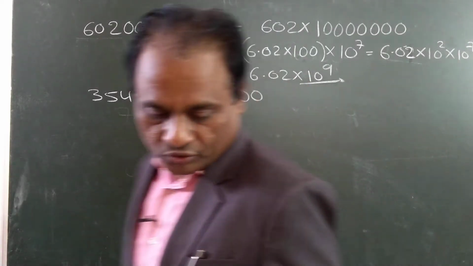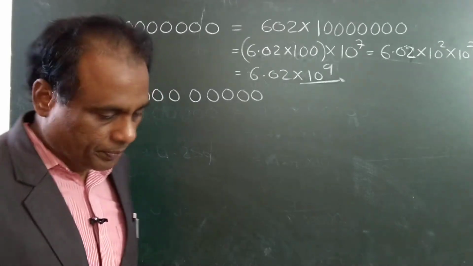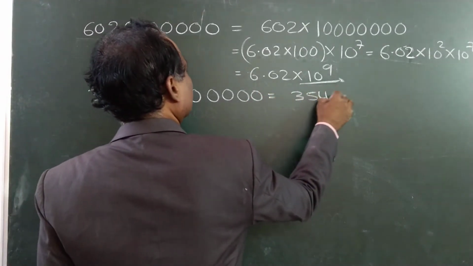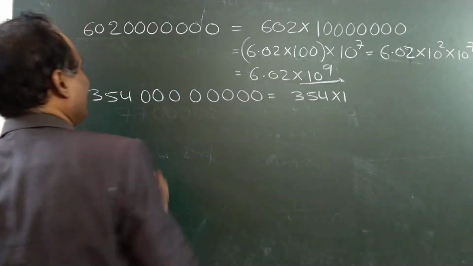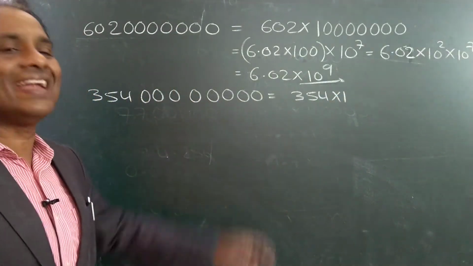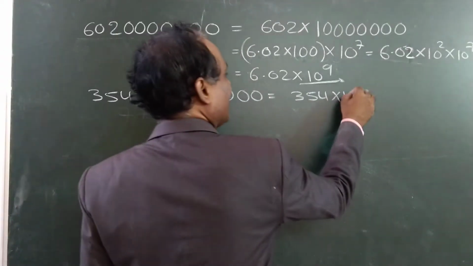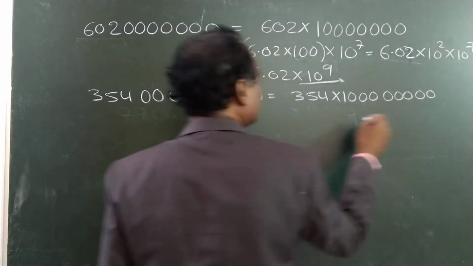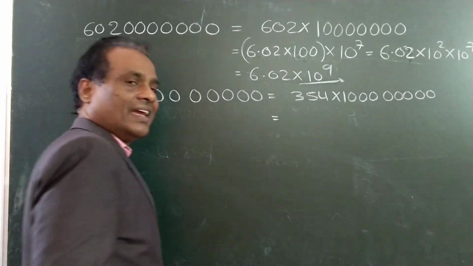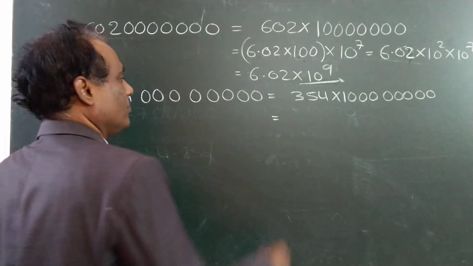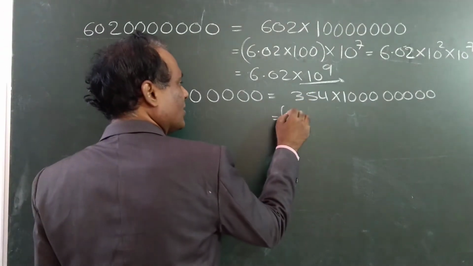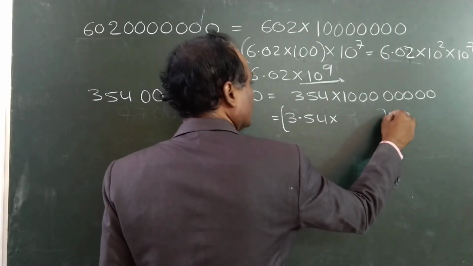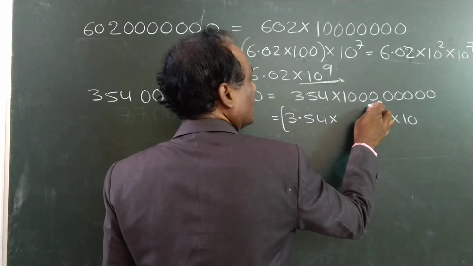This problem you do. Students, do this for practice. 3, 6, 8 zeros. 8 zeros. But I want the decimal here, after one digit. This is 10 to the power of 8.